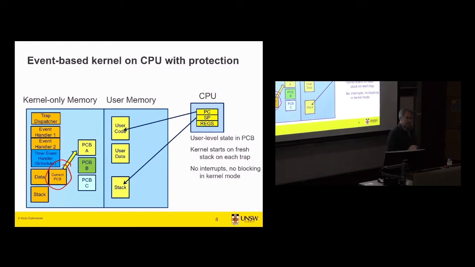We need to be able to store per process state somewhere in the system that the operating system can interact with. So here we've got the yellow process A, and that is associated with the yellow code that happens to be set up at the moment. And we've got a handler here that deals with timer interrupts.